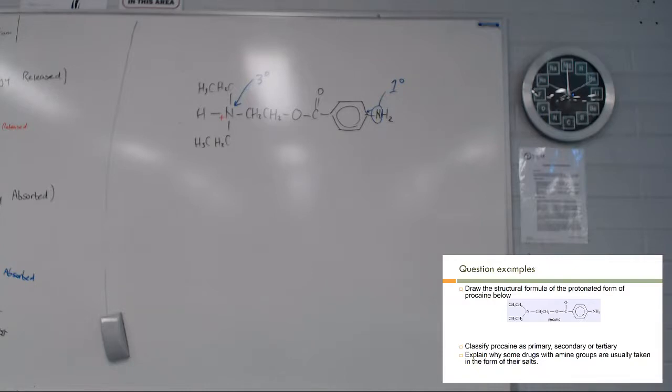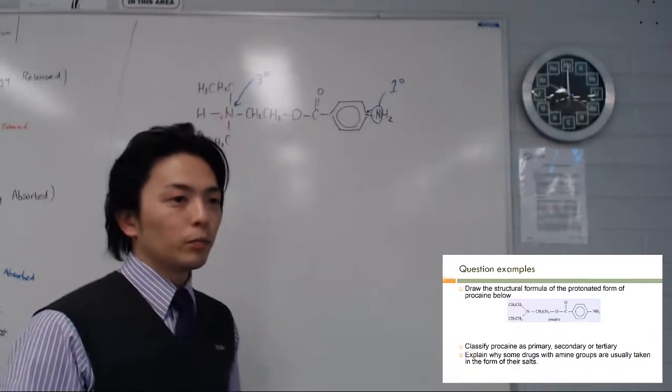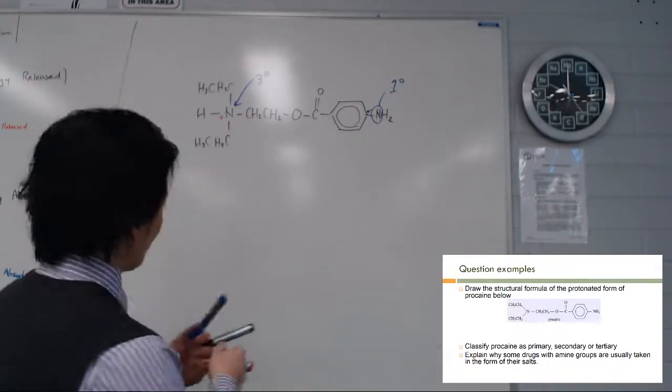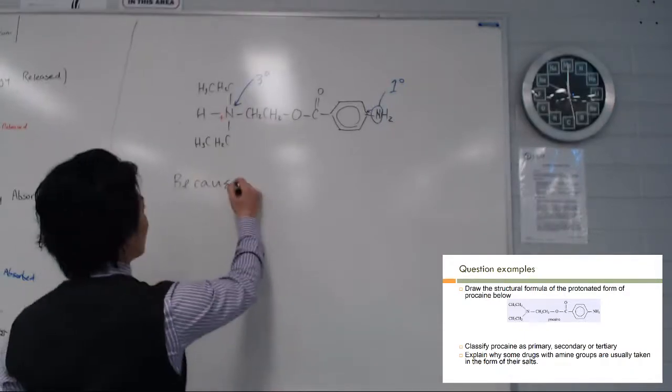Finally, explain why some drugs with amine groups are usually taken in the form of their salts. Because it dissolves in water well. Yep. Due to? The ion interaction between salts. Yep.